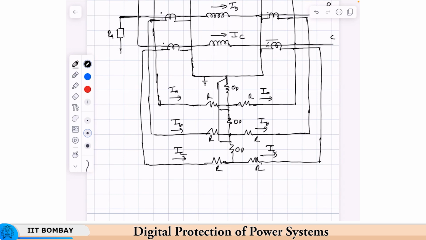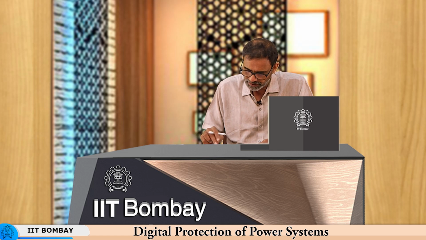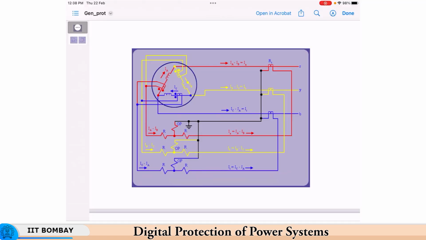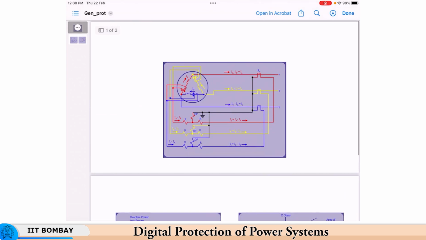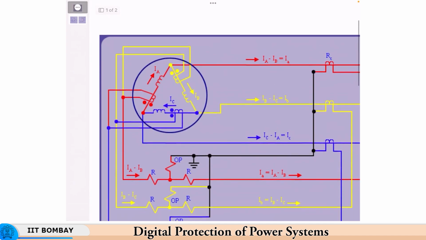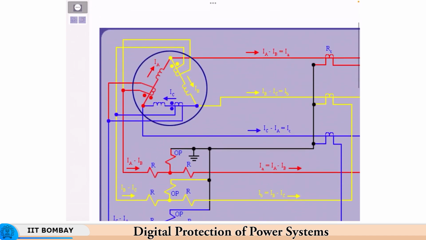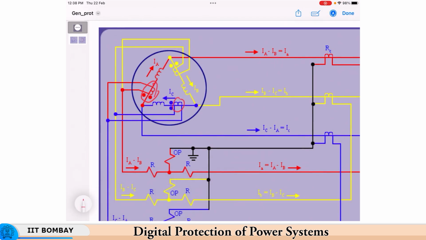Okay, so for a delta connected generator, instead of drawing it in the interest of time, we will quickly see a slide. So here we can see that this is a delta connected generator, similar to the star connected generators. Here the difference is that you can see the CTs are placed inside the delta.